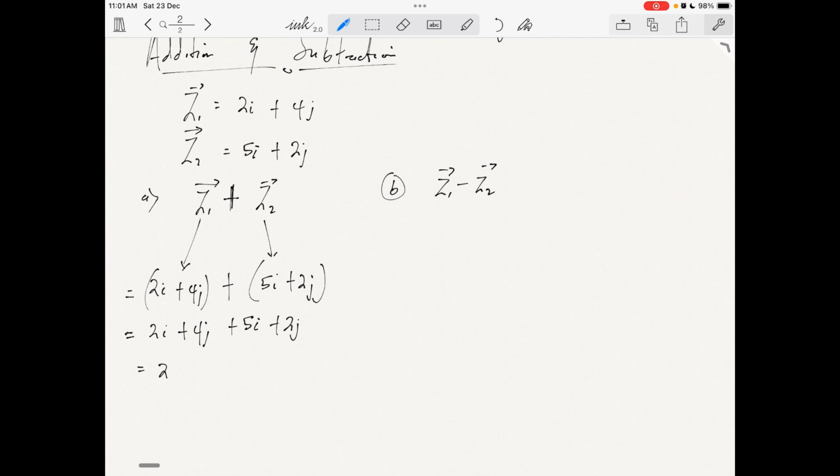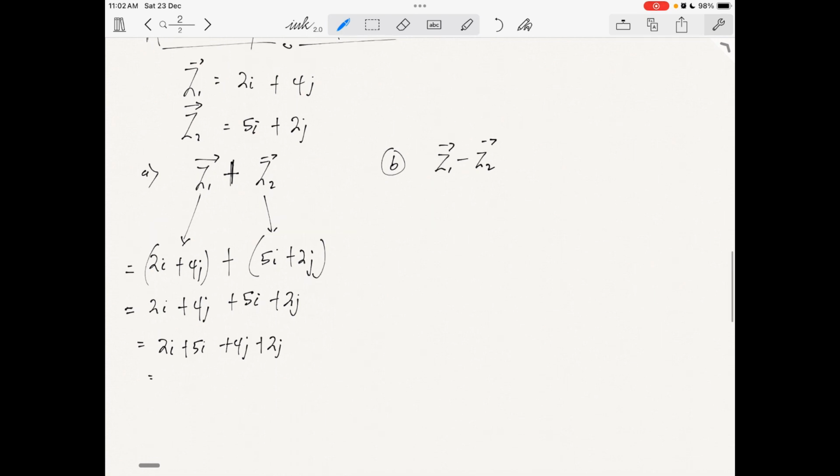That's 2I plus 5I plus 4J plus 2J. 2I plus 5I will give us 7I, and 4J plus 2J will give us 6J.